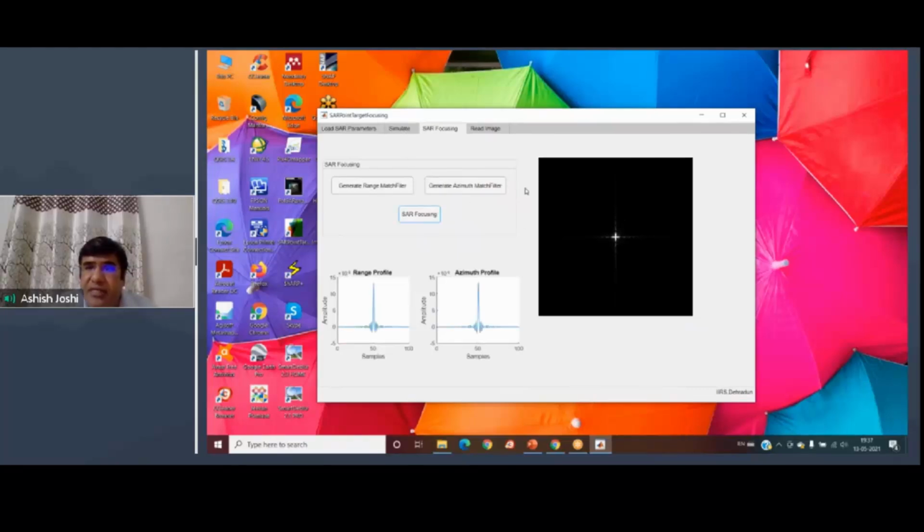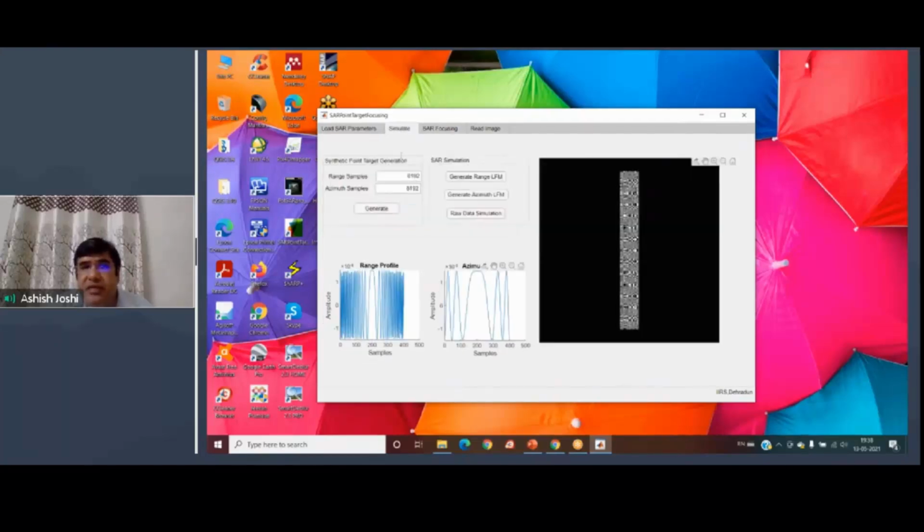Initially we put the target at this point. Then we simulated, we convolved in the range and azimuth direction, and the data looks like this. After that we applied the range matched filter and azimuth matched filter. We are doing the matched filtering, and then the data is focused again.